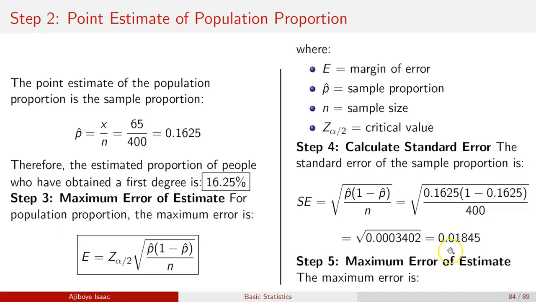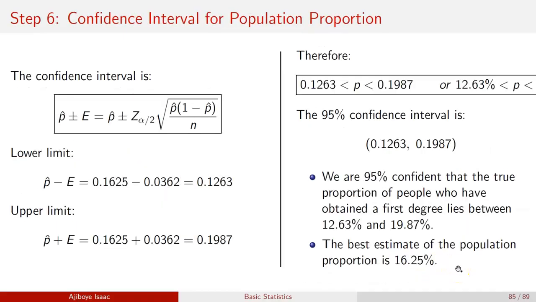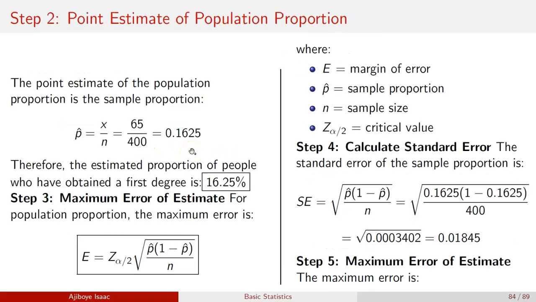That will give us 0.01845 as our standard error. Then our maximum error of estimate can be computed by multiplying the standard error by the critical value.